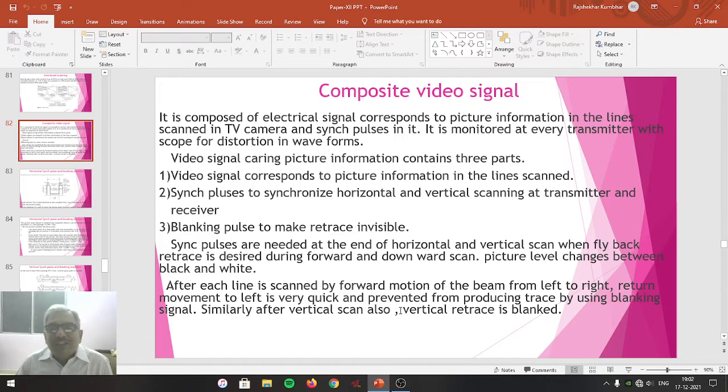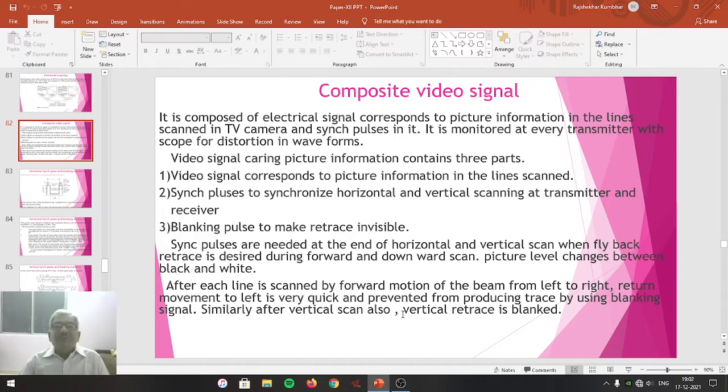We also studied that the combination of picture information, sync pulses and blanking pulses forms the video signal known as composite video signal, that is CVS.